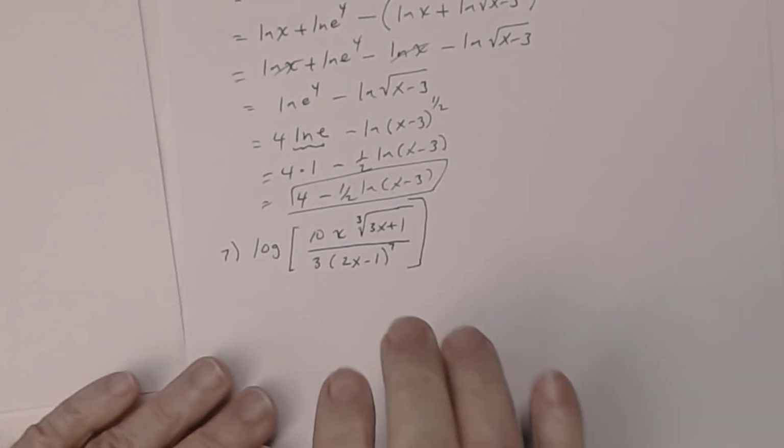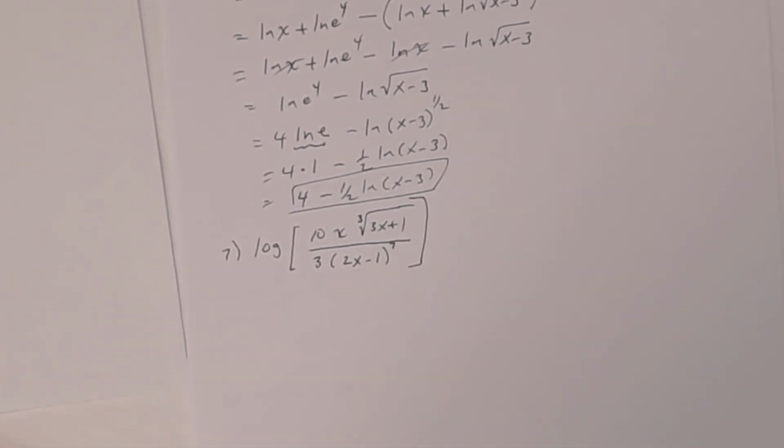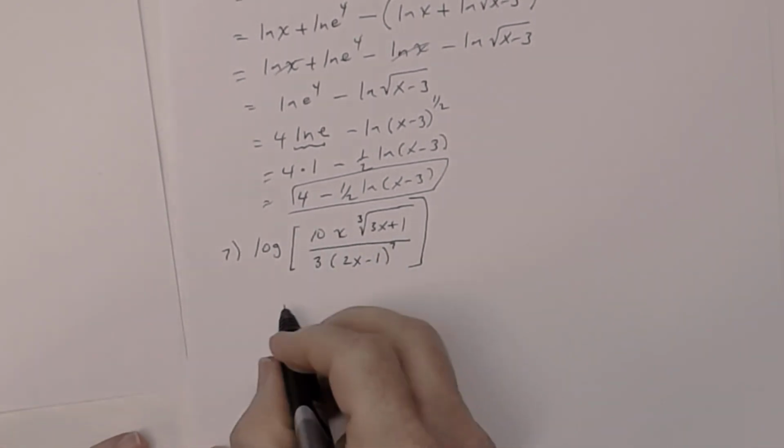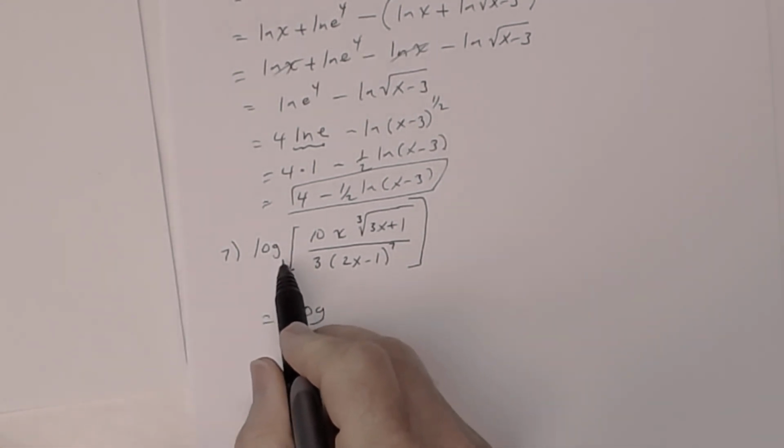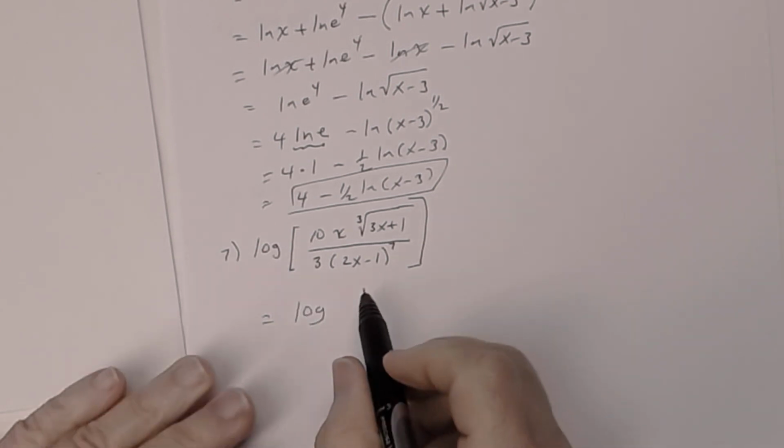So number 7, lots of stuff here, right? Okay. So I'm going to use the quotient rule first. That becomes the log. Remember that there's no base there, so this would be 10, so that's common logarithm.